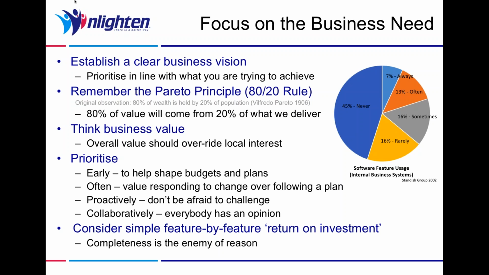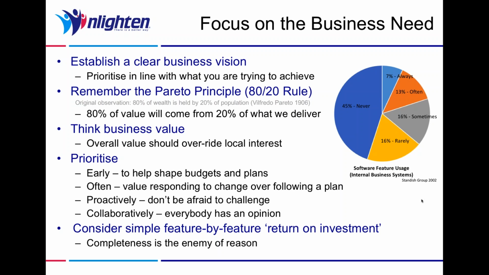The pie chart you should be able to see on your screen comes from some work that was done by the Standish Group back in 2002. Now, some criticism has been levelled at this because it was actually a relatively small sample size, but for the survey they did of internal business systems, they found that 45% of the features delivered were never used. 16% were rarely used, 16% sometimes used, 13% often, and 7% always.